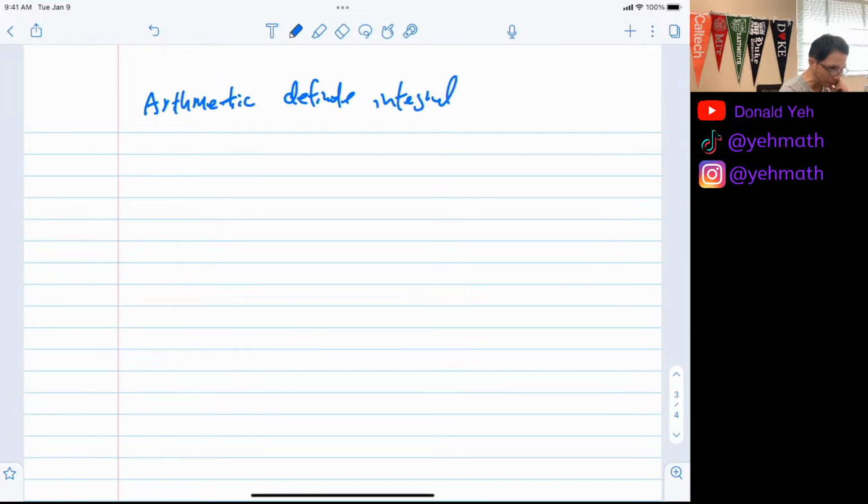So integration between a to b of small f of x is called the fundamental theorem of calculus 1. You integrate small f of x, and it's going to have this notation between a to b.